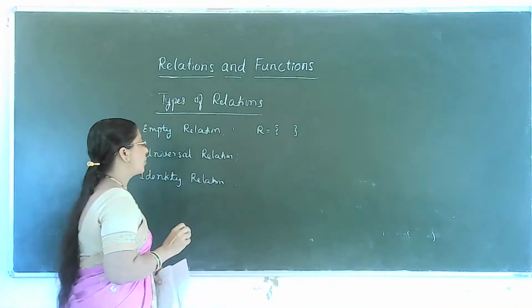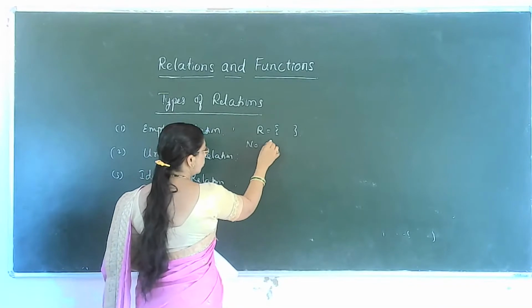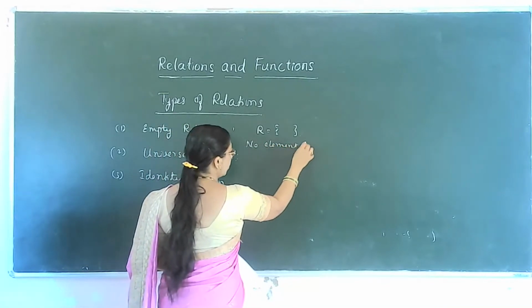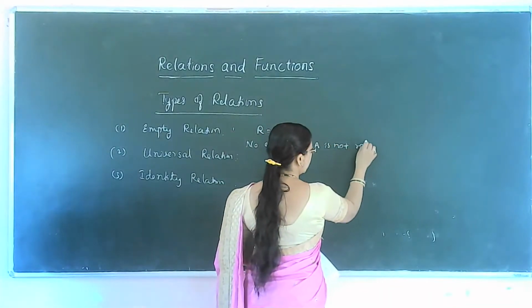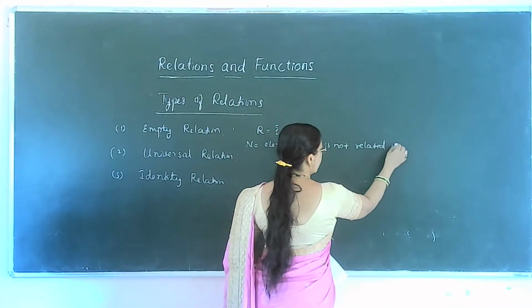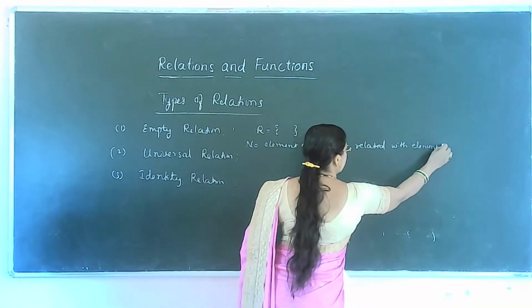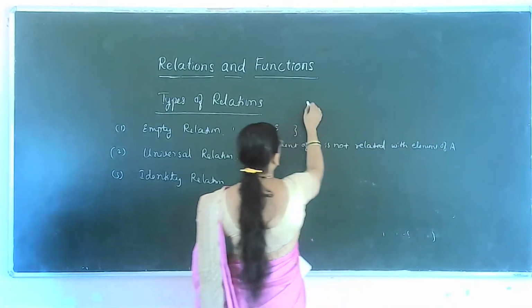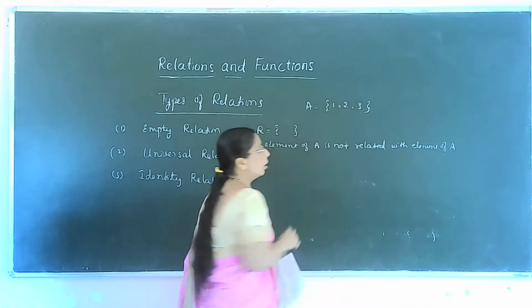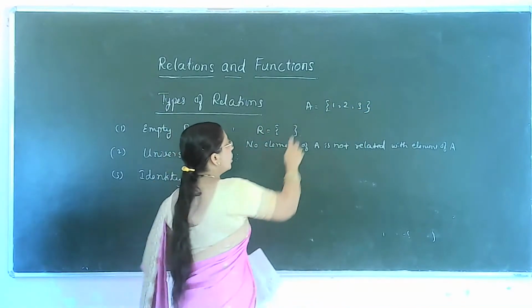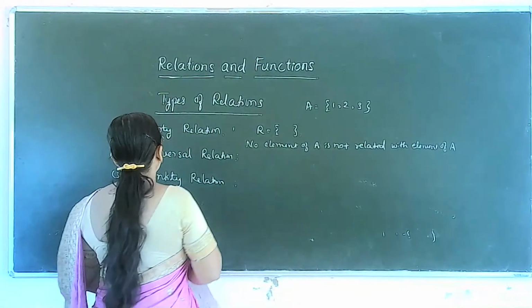There is no ordered pair, meaning no element of A is related with any element of A. If A is equal to some elements 1, 2, 3, it's not an empty set; A is a set of elements 1, 2, 3.